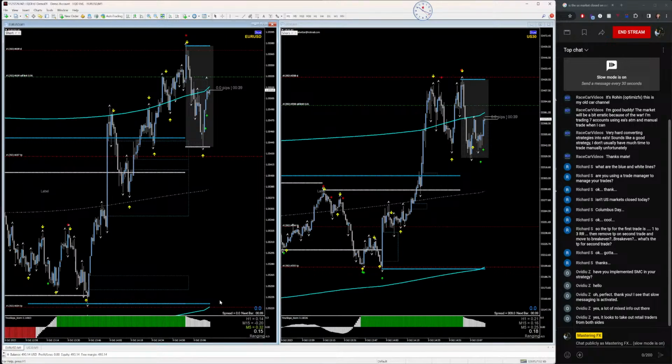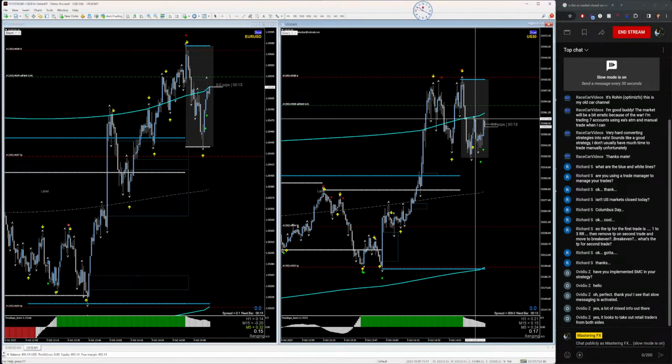I just want to see if we get an entry, because we did tap in this lower fair value gap. I want to see if it makes it back to the extreme. Same here. This looks nice though, because we are creating equal highs here. That looks like we're building up liquidity right underneath the fair value gap.